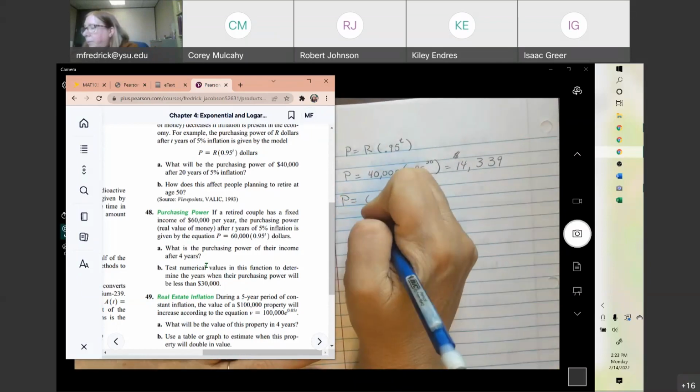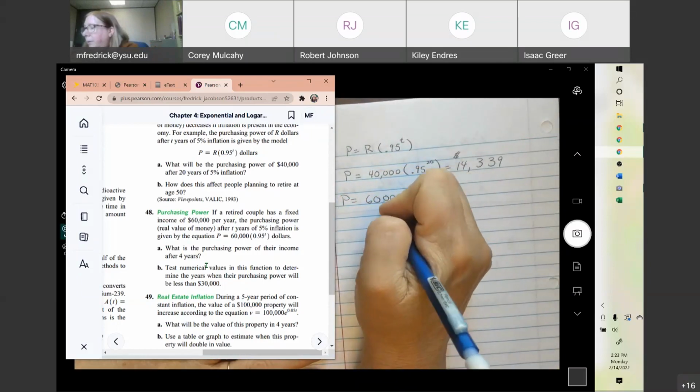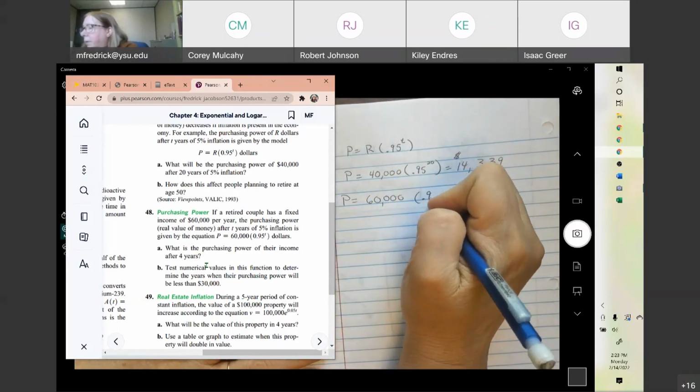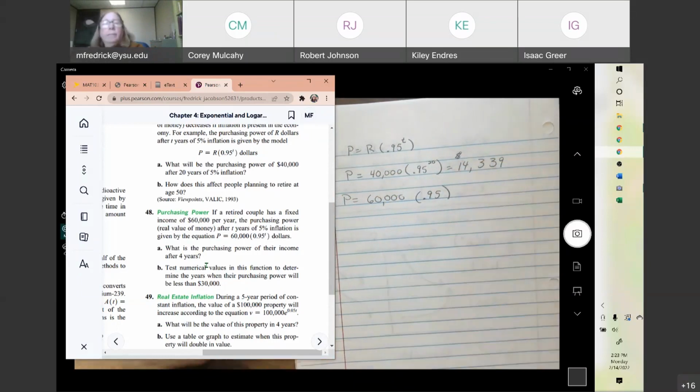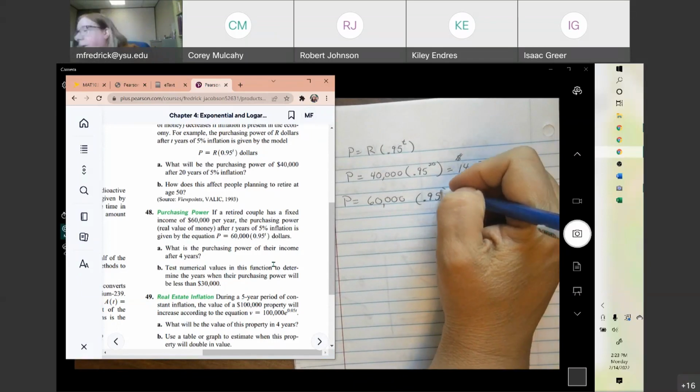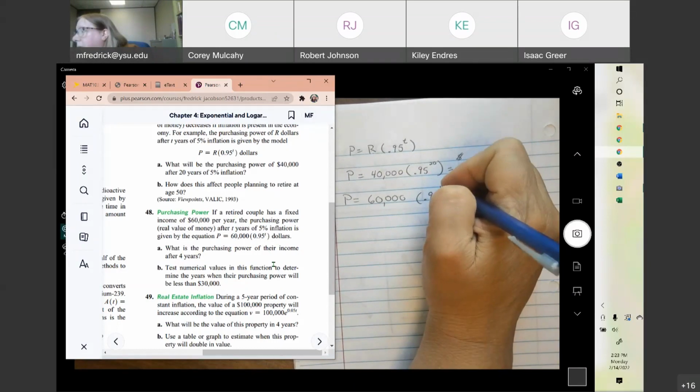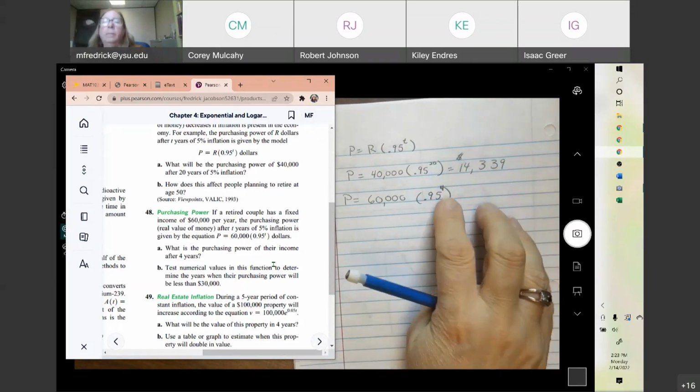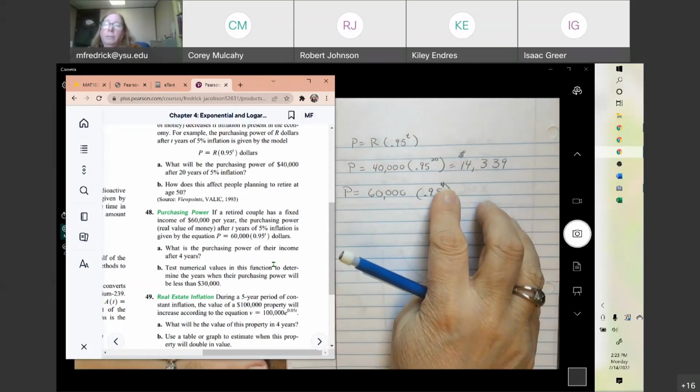So P equals, they're getting 60,000 a year. I didn't put the variable because right here it's going to tell us, but this would be a T. For part A, what's the purchasing power of their income after 4 years? T is in years, so we put the 4 here.